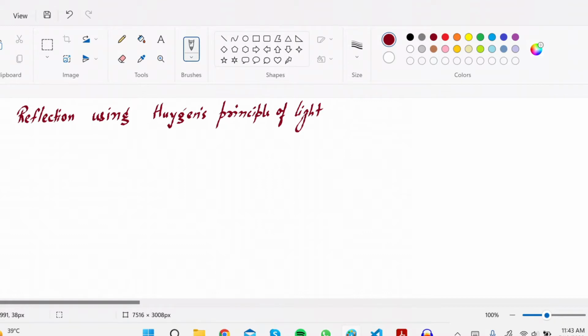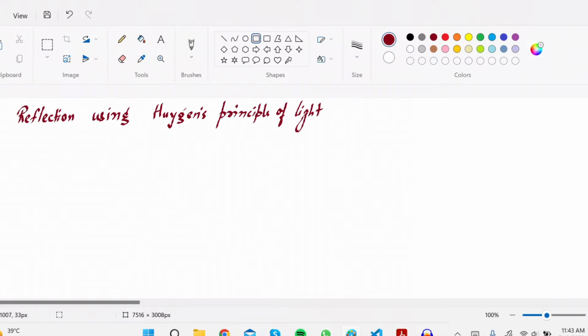You should know that a wavefront, whenever it is moving in one particular direction, the ray of light will always be perpendicular to this wavefront. Let me repeat again. If you have a wavefront, the ray of light is always perpendicular to this wavefront.